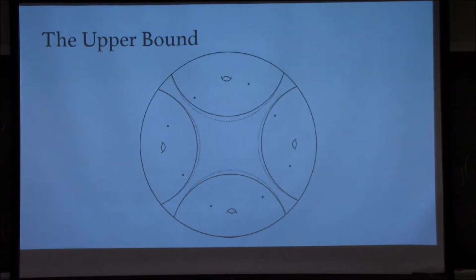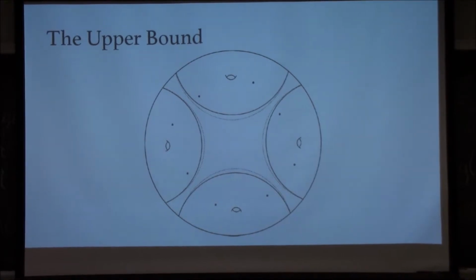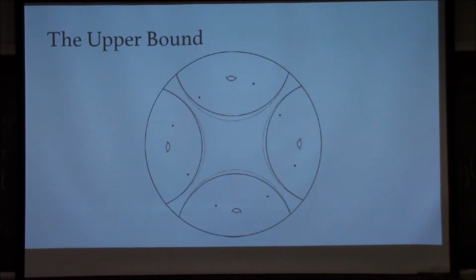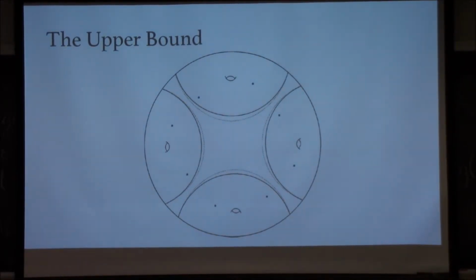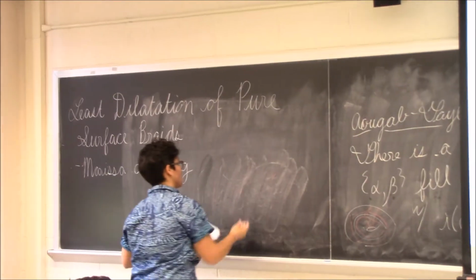Yes. OK, good. So in general, let me just write down again what the upper bound is, the explicit upper bound, so we can see how this correlates to the construction we just did.